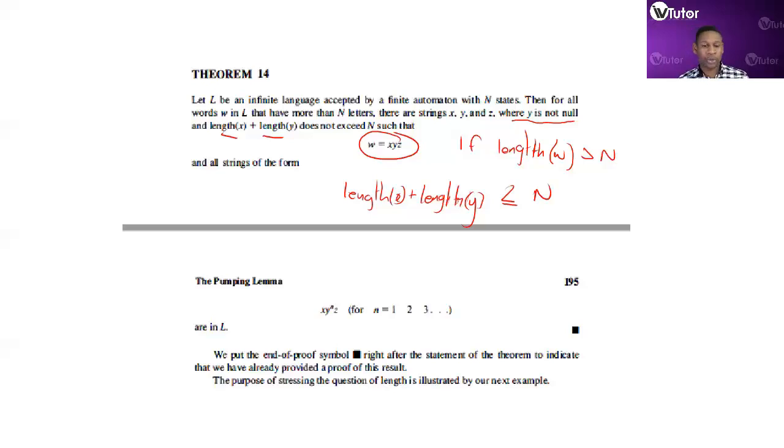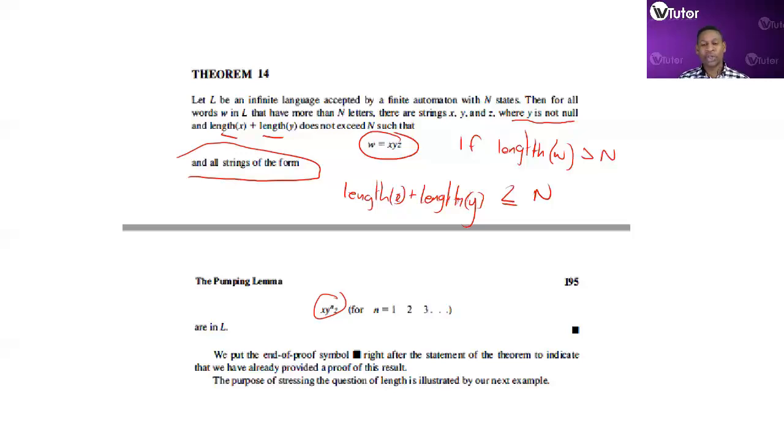The last restriction is that all strings of the form x y^n z, for n equals 1 to 3, should be in L. If we can get a word that fulfills the following elements. Number one, the length is greater than the number of states. Number two, we can break it down in such a way that y is not null and the lengths of x and y are less than or equal to n.